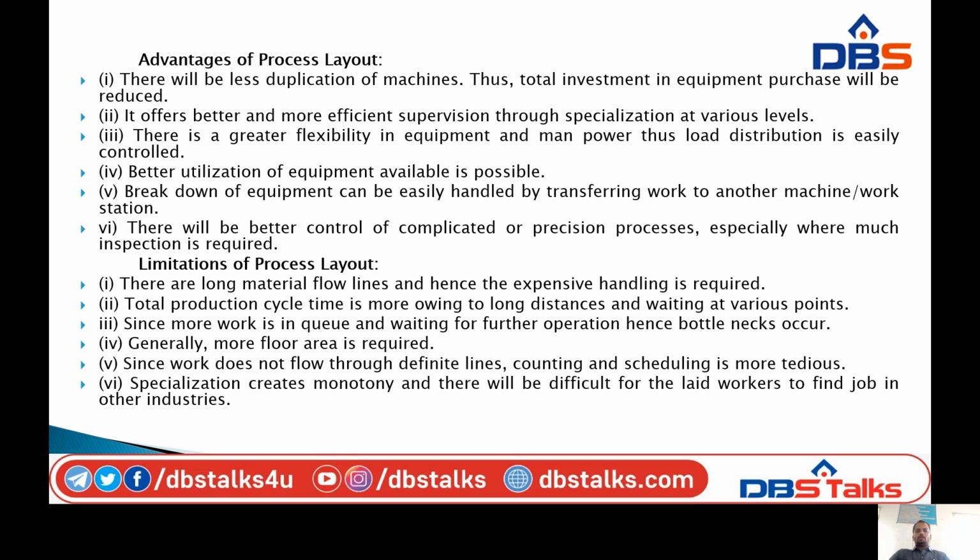Since more work is in the queue waiting for further operation, bottlenecks occur. Generally more floor area is required. Since work doesn't flow through definite lines, counting and scheduling is more tedious.